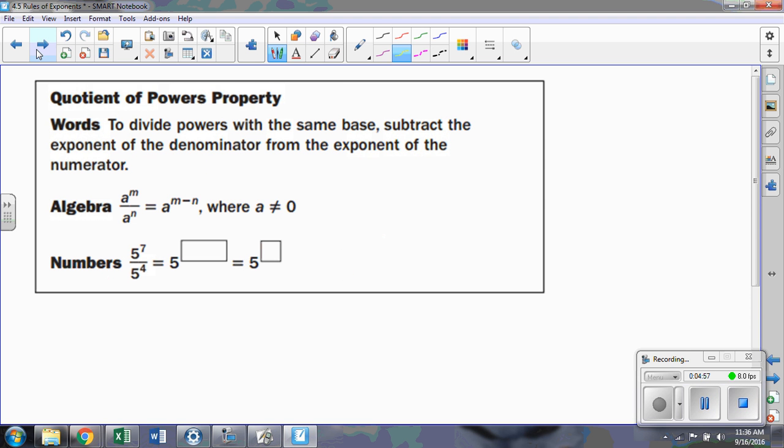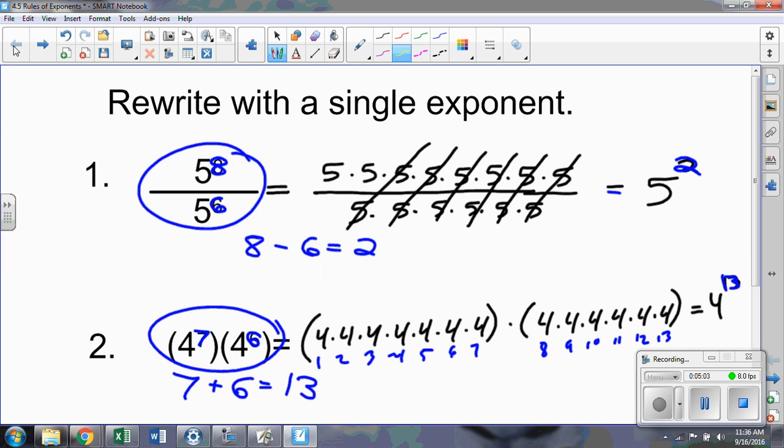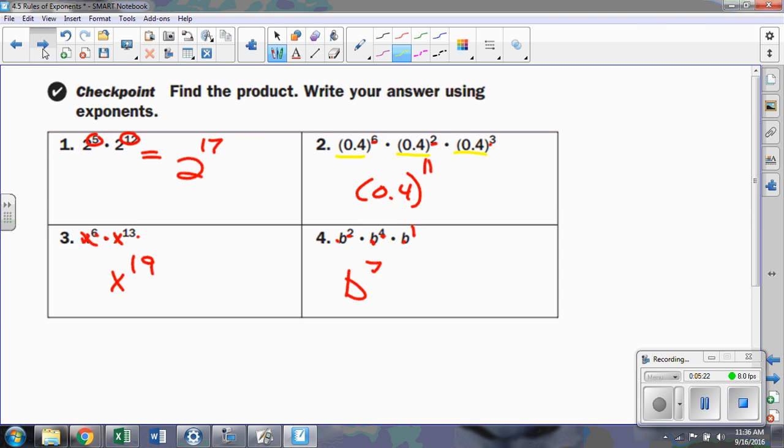There is also a quotient of powers property. In particular, it's like the one that we did here. If you are going to divide out exponents, we saw that they can create these pairs, and the end result is a shortcut for subtraction. If you are dividing out powers, the shortcut is to subtract.